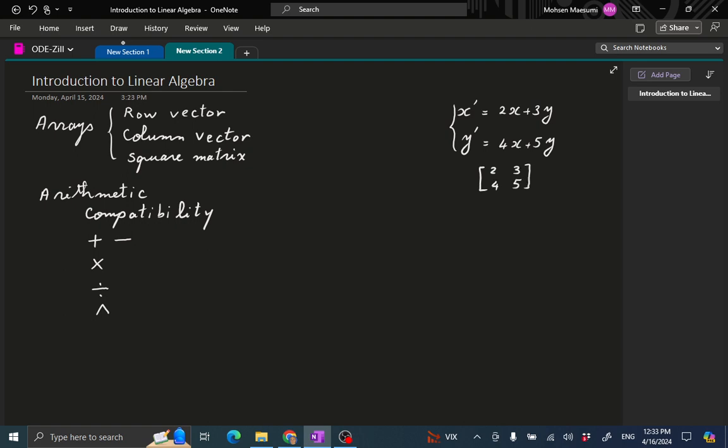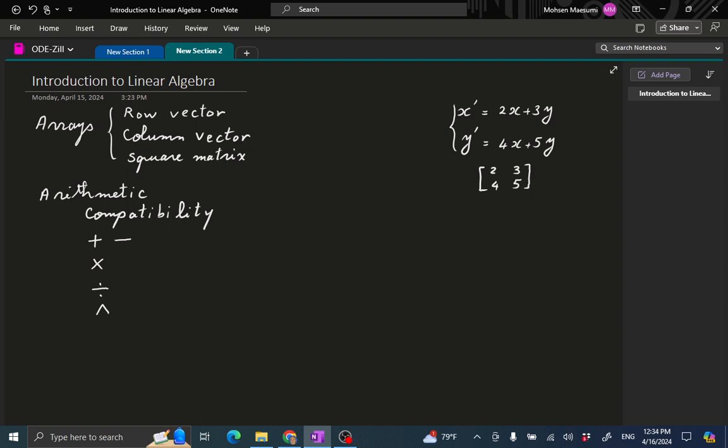An array is just a rectangular arrangement of numbers. So we are going to learn how to deal with arrays, and then we come back and offer a quick way of solving these types of problems.